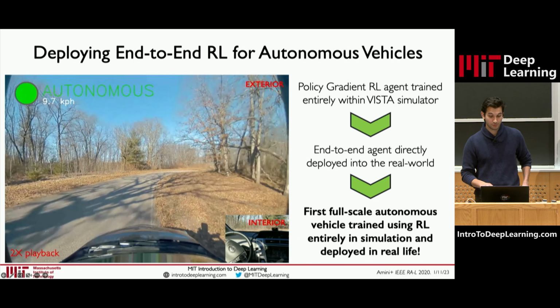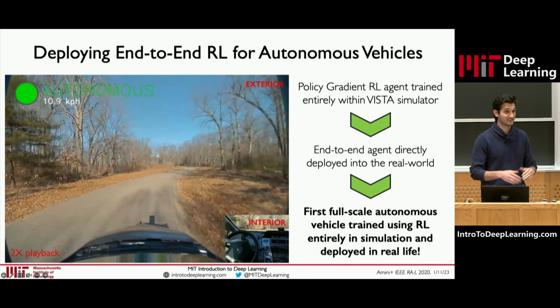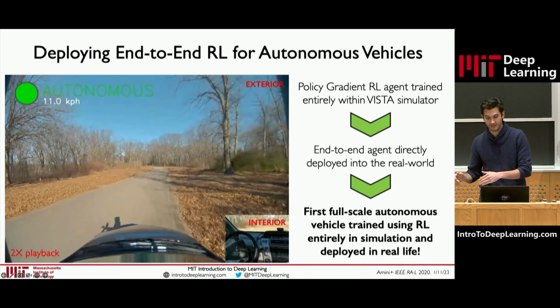So in fact, we did exactly this. We placed agents into our simulator. We trained them using the exact algorithms that you learned about in today's lecture, these policy gradient algorithms. And all of the training was done entirely in simulation. Then we took these policies and deployed them on board our full-scale autonomous vehicle. This is now in the real world, no longer in simulation.